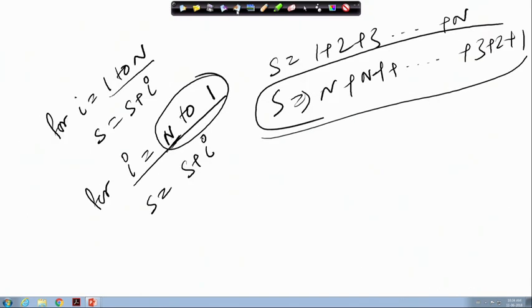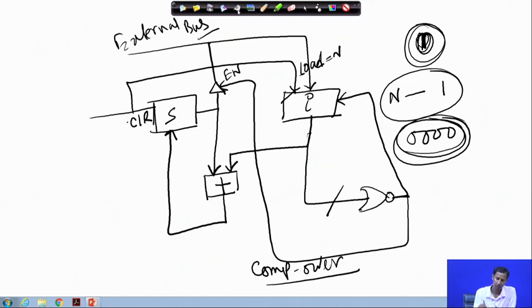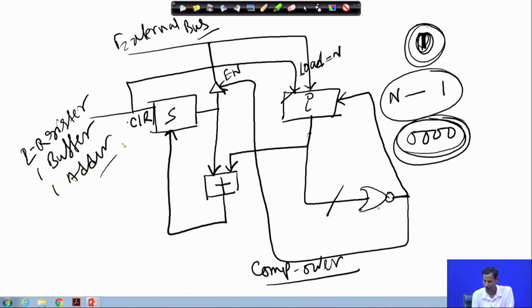In this architecture I require 2 registers, for S and I, 1 buffer, 1 adder, and instead of a comparator, 1 NOR gate.